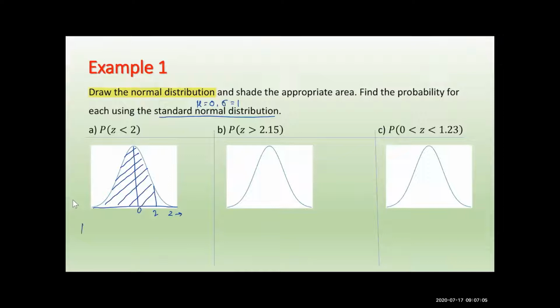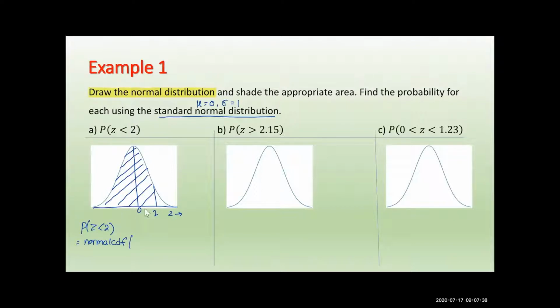So you can write like this, probability that z is less than 2 is equal to, and you already know that in order to find the probability or area, we use the normal CDF in our calculator. Normal CDF in your calculator.